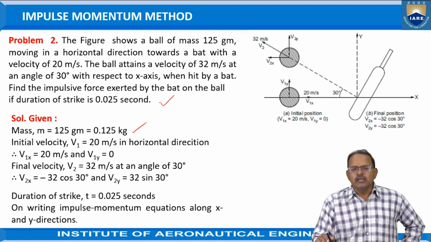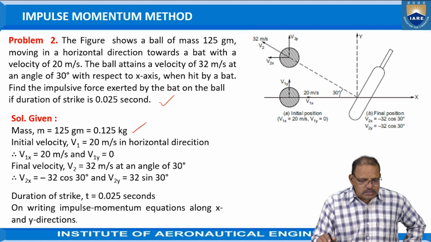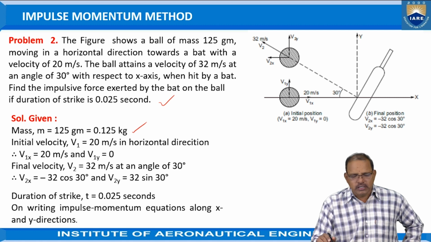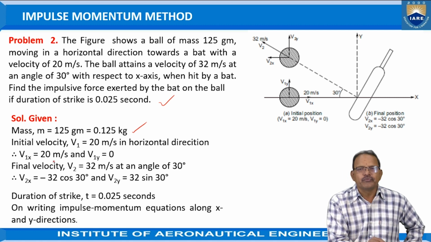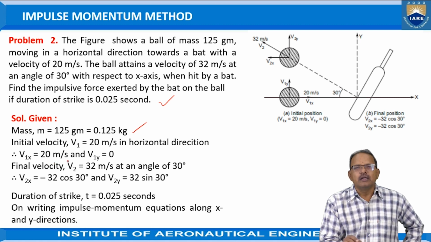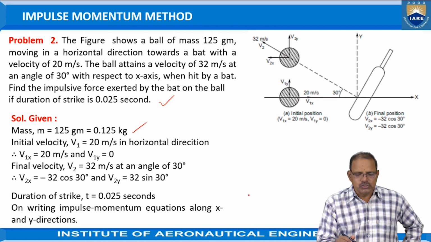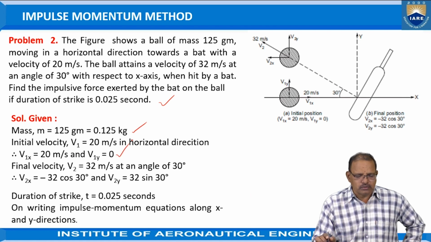Since it is in horizontal, the initial velocity resolves into two components: the component of velocity in the x direction, v1x is equal to 20 meters per second, and v1y, that is the y component, is equal to 0.